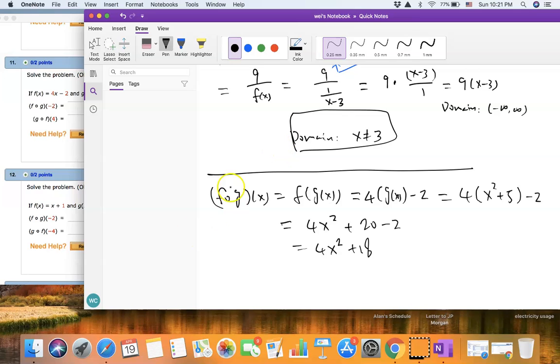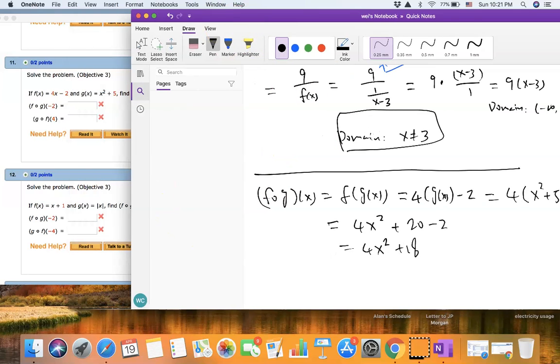Now, when x equals negative 2, this wants us to evaluate the function value if x equals negative 2.